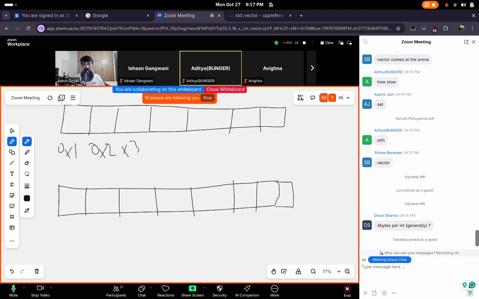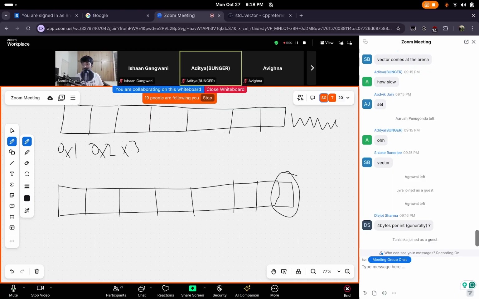If this was a normal C style array, it can't just go ahead and write over this memory region. That could be used by some other thing, some other process, some other variable. You can't just keep writing over other programs' memory.